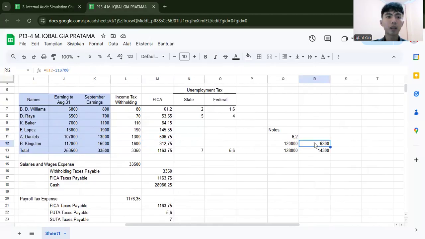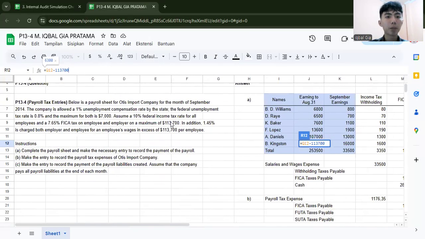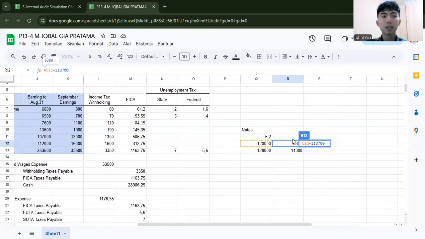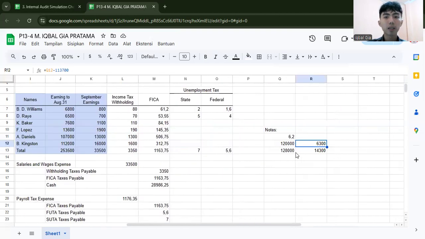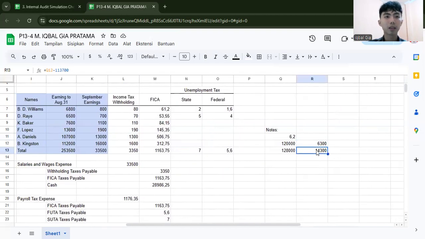So we will calculate their earnings. The earnings for Daniels is 120,000 dollars, and we will subtract this number from it. We will get this for Daniels, and we will get this for Kingston. So we will calculate it like this.